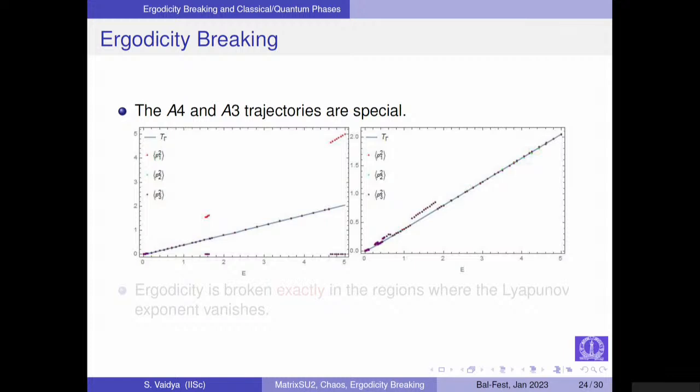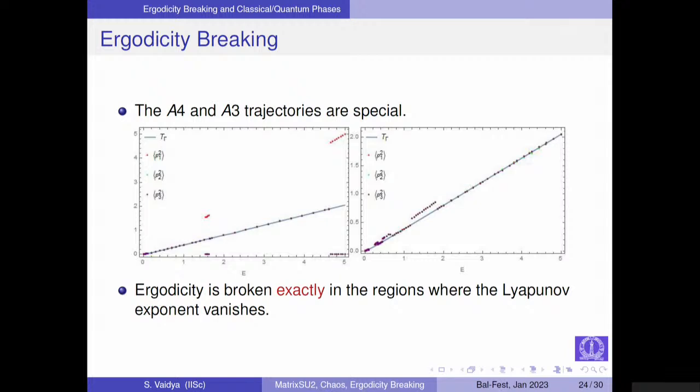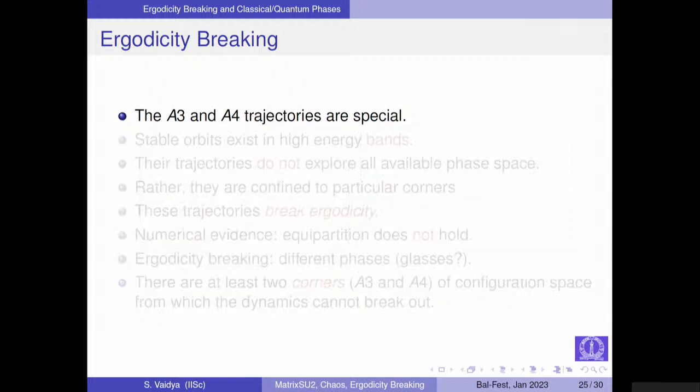This is for A3 and this is for A4, and these are exactly the places where you have those band gaps. So ergodicity is broken exactly in the regions where the Lyapunov exponent vanishes. This actually coincides completely and confirms fully the calculation from the monodromy matrix and from the Lyapunov exponents.